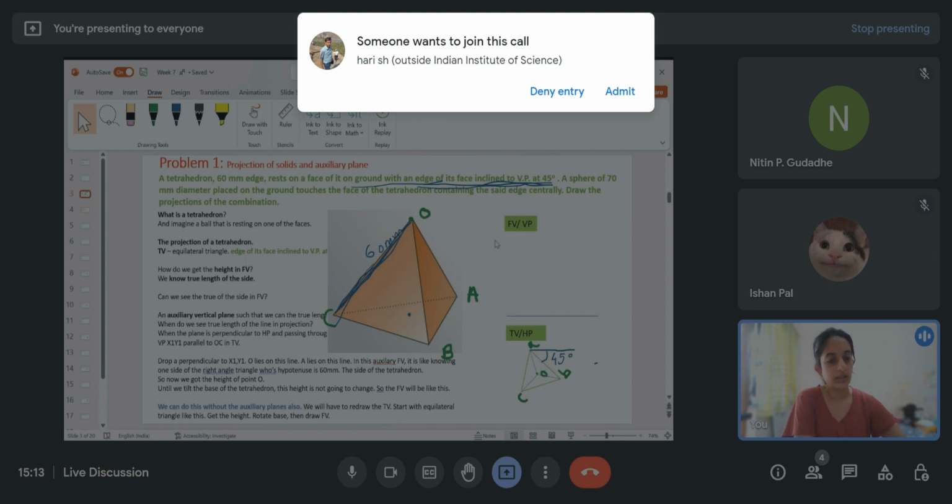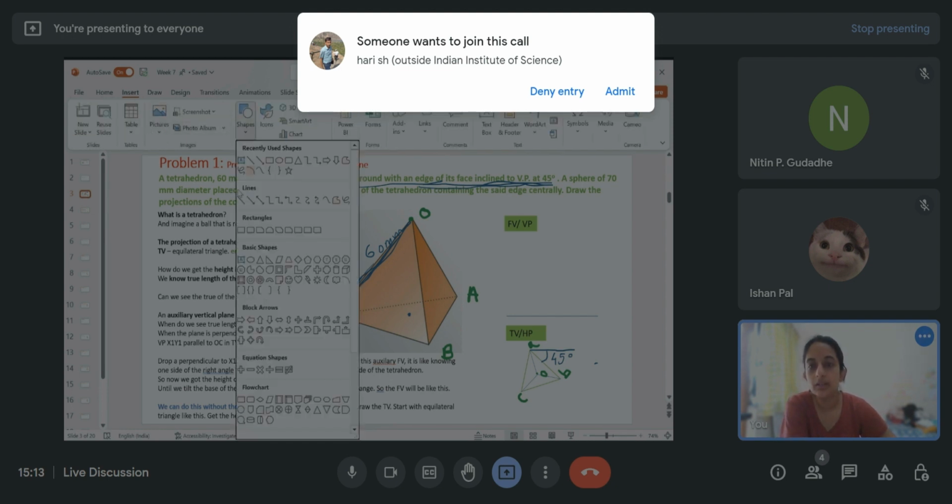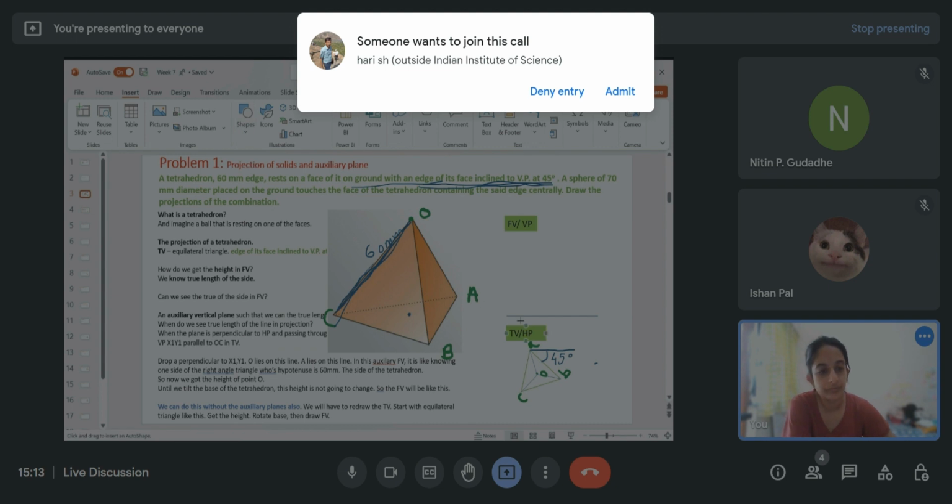So let us go ahead and draw this auxiliary plane x1 y1. I will draw an auxiliary plane which is parallel to OC. I will draw it slightly here.